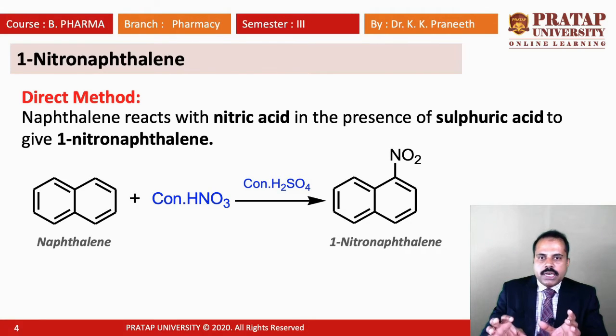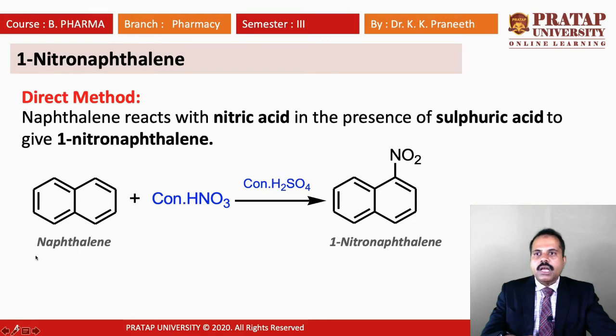The direct method means we can directly prepare this nitronaphthalene derivative starting from naphthalene. Here is the reaction scheme, where the naphthalene ring system is represented, and we add concentrated nitric acid, which is called the nitrating agent, because the NO2 plus electrophile comes from the nitric acid.